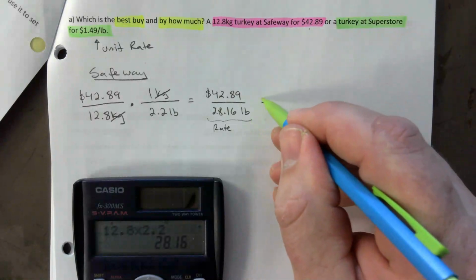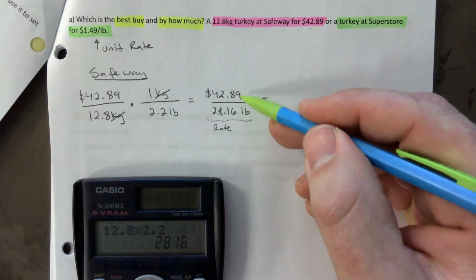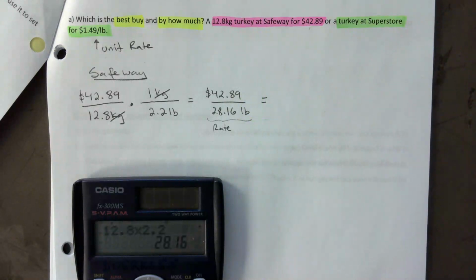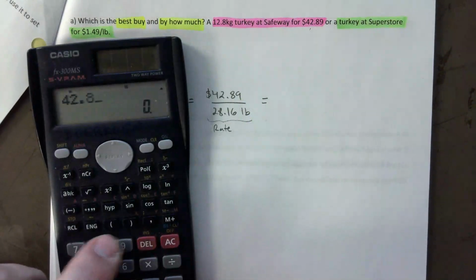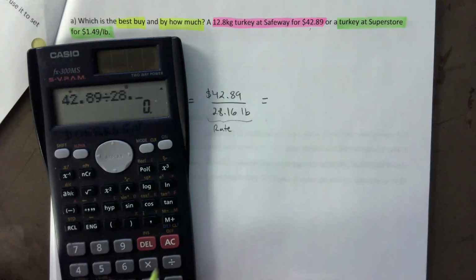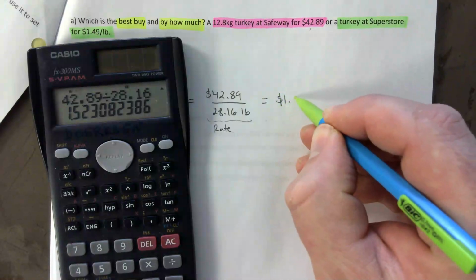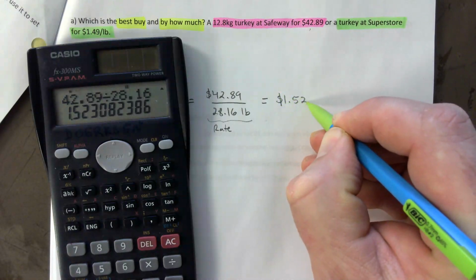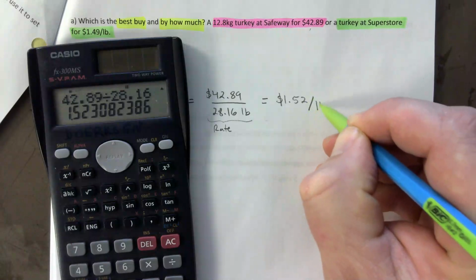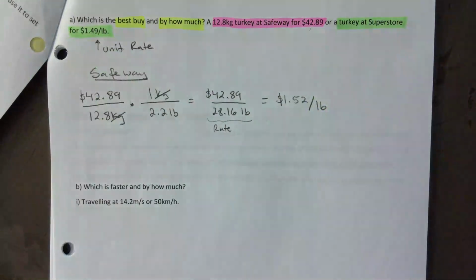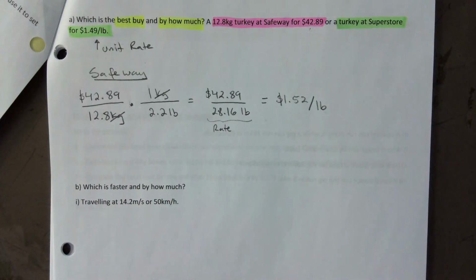We're going to turn this into a unit rate. So we're going to divide this as is. 42.89 divided by 28.16. Here you go. That ends up being $1.52 per pound.